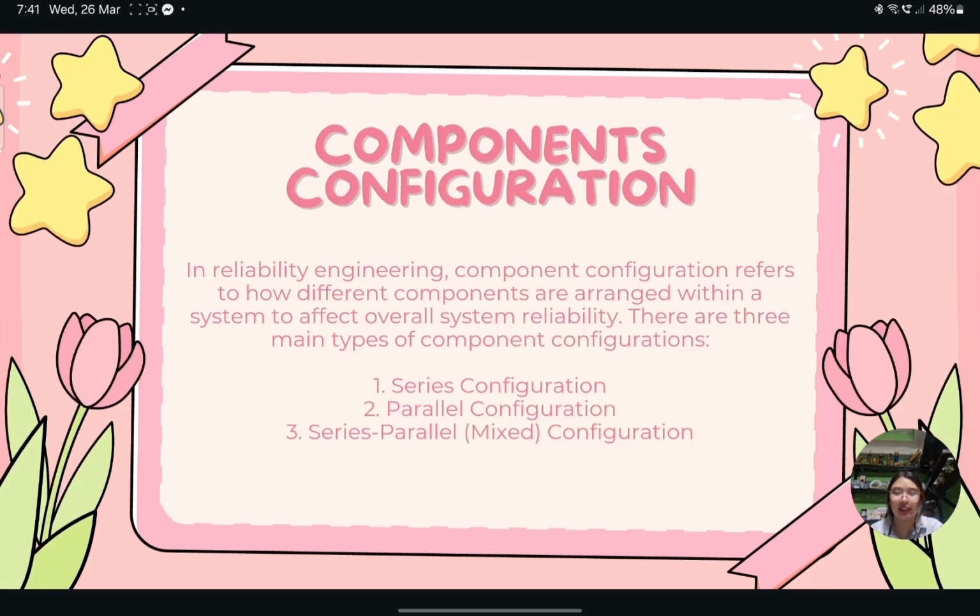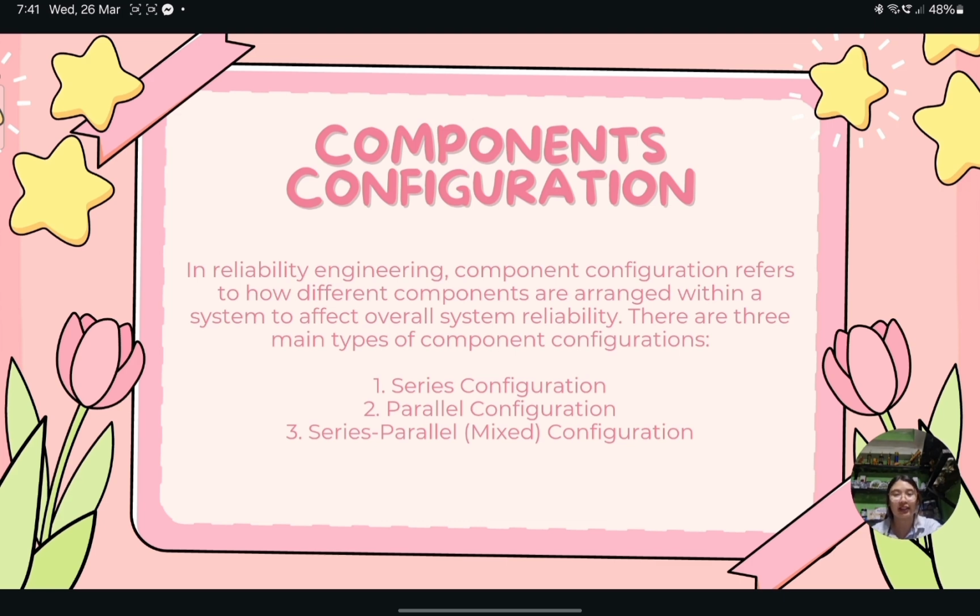Okay, the next one is the components configuration. In reliability engineering, components configuration refers to how different components are arranged within a system to affect overall system reliability. There are three main types of components configuration.